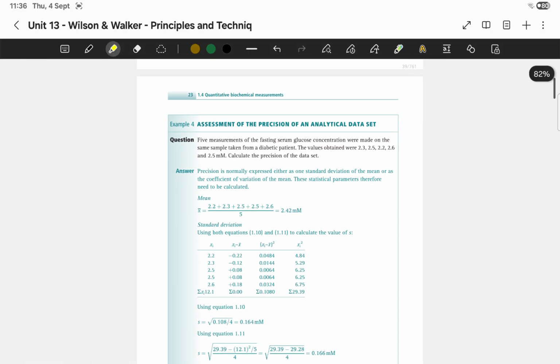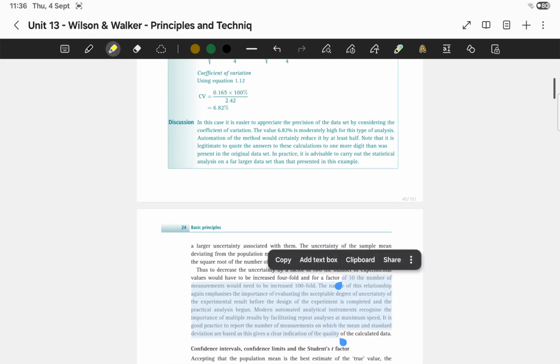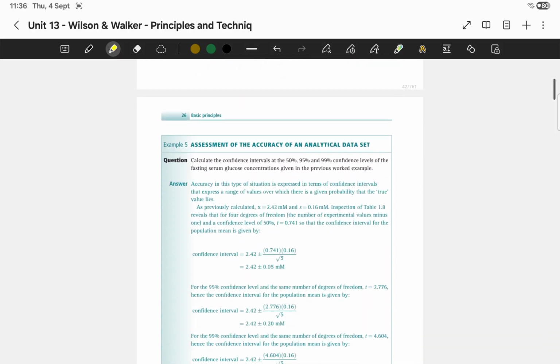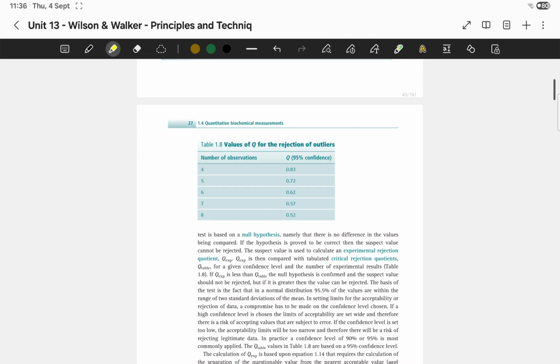Assessment of precision of an analytical data set. Assessment of accuracy of an analytical data set.